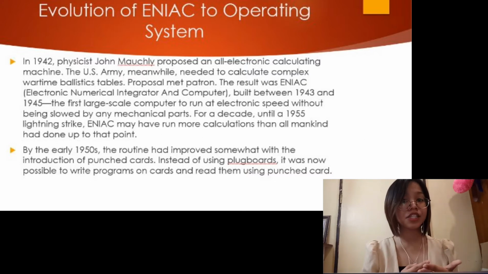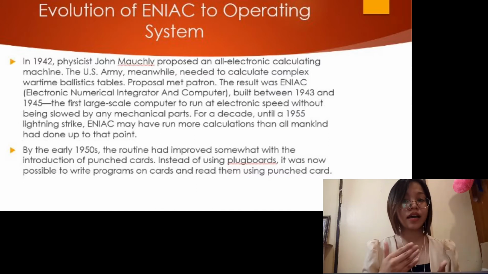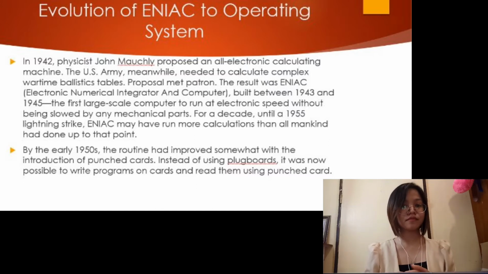ENIAC is the first large-scale computer to run at electronic speed without being slowed by any mechanical parts. And for a decade, until a 1955 lightning strike, the Electronic Numerical Integrator and Computer may have run more calculations than all mankind had done up to that point.